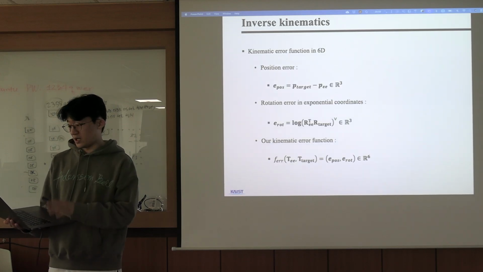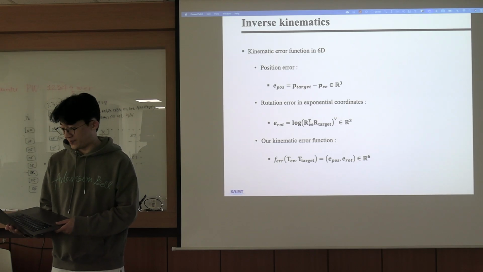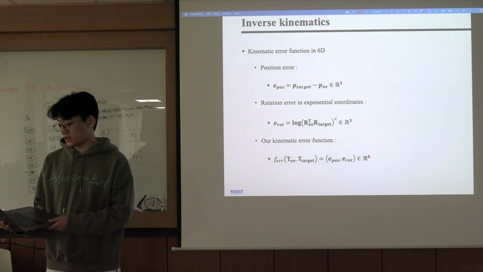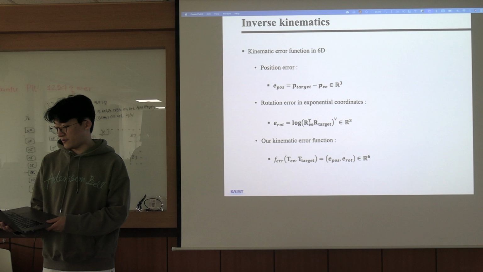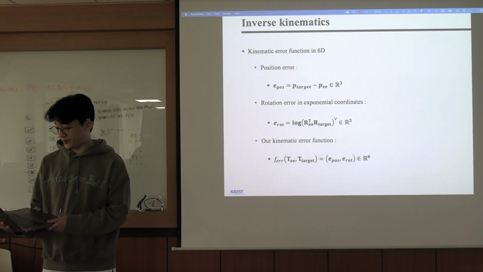Previously, we defined the kinematic error in 2D. Now, let's extend this idea to the full 6D case. The error again has 2 parts. First, the position error, which is simply the difference between the target and the current end effector position in 3D.